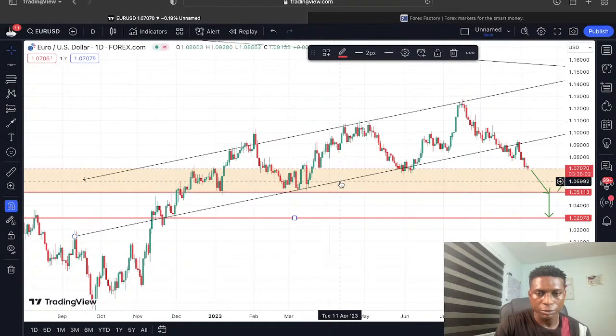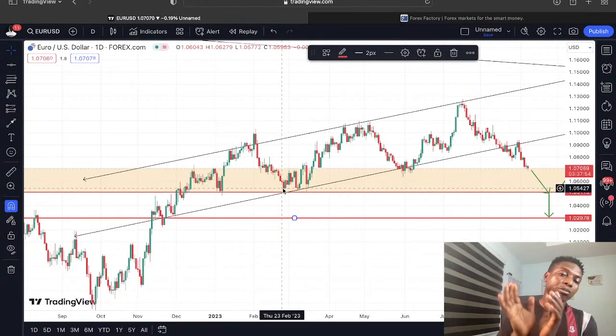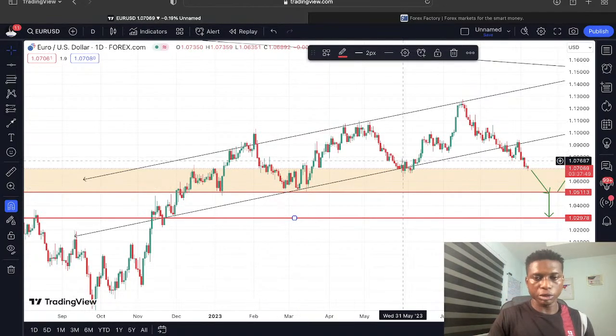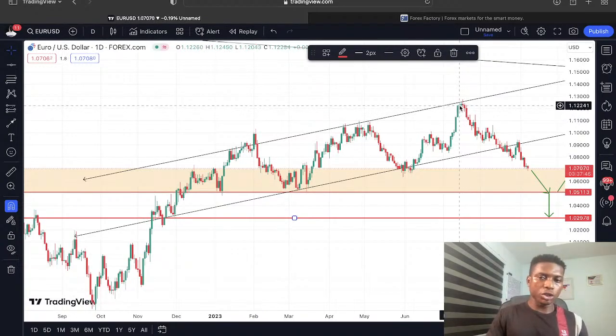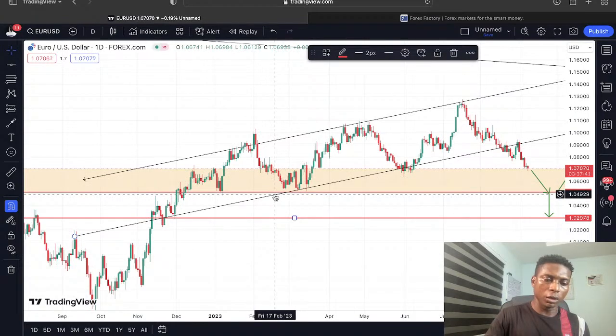Okay, as you can see, because this is a low and this another low. This low is higher than this low, all right, telling us that price is pushing up, all right, slowly and gradually pushing up. Okay, of course, the game changed when price came to the edge of this level. Okay, when it came to the edge of the trend line, it broke out of the trend line.